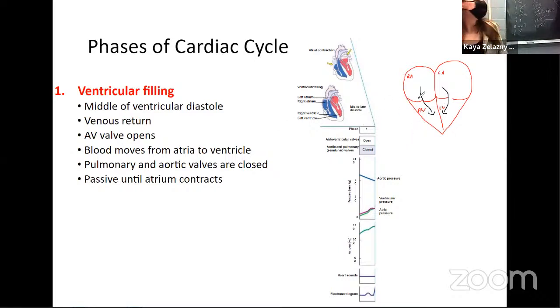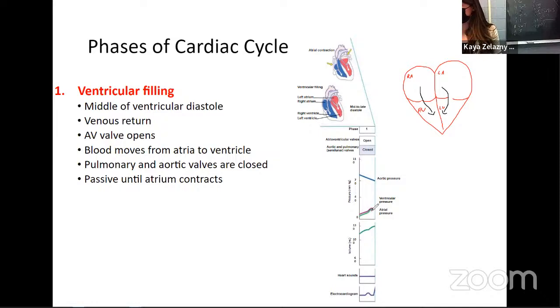So let's think about the pressure here. Where do you think we are going to have high pressure during this ventricular filling phase? Where would we expect there to be more pressure? Yeah, exactly. So we're going to see that there's higher pressure in the atria than in the ventricles, right?